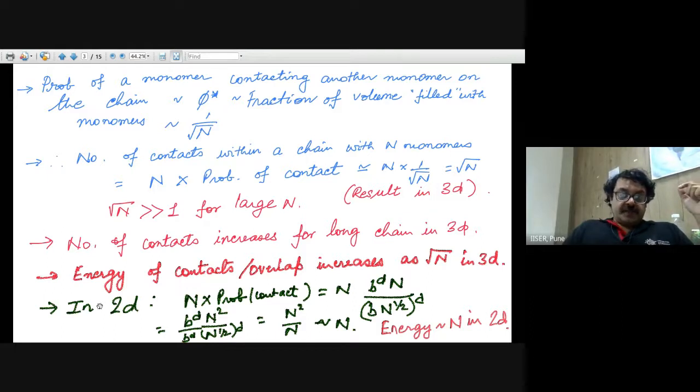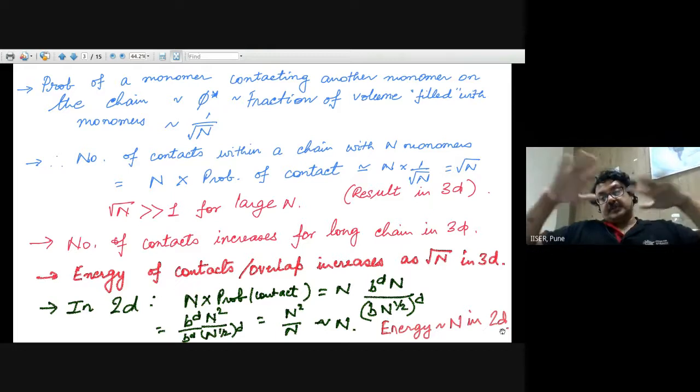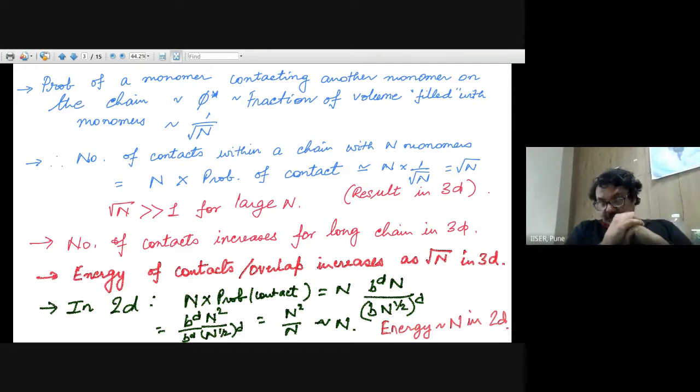Now, if you are in 2D, you can repeat the same calculation, except now D will be 2, and then you can see that the number of contacts for long chains in 2D goes as n. And so if somehow the polymers were confined to 2D, the energy of contacts is significantly more. The energy goes as n.